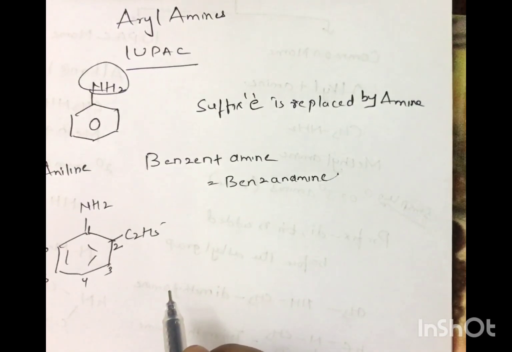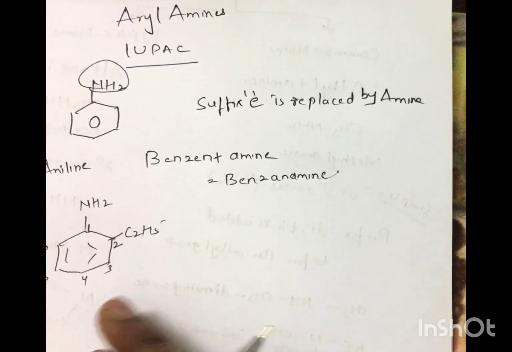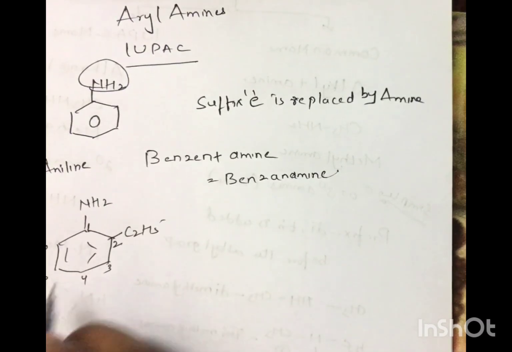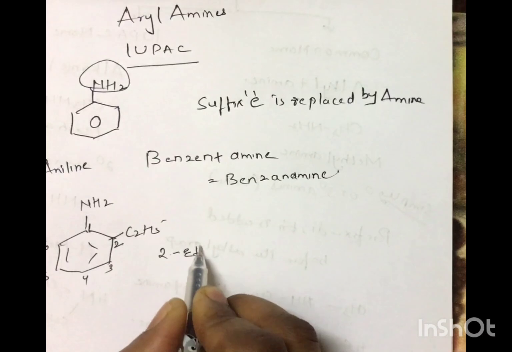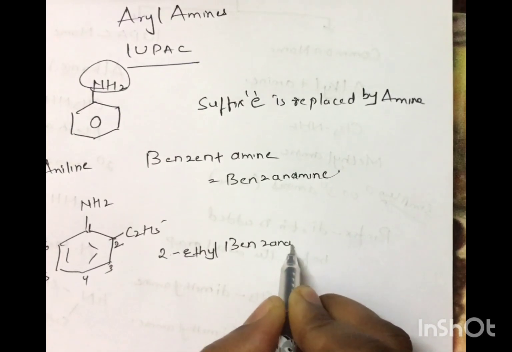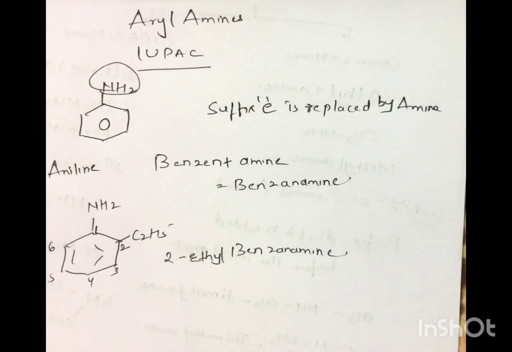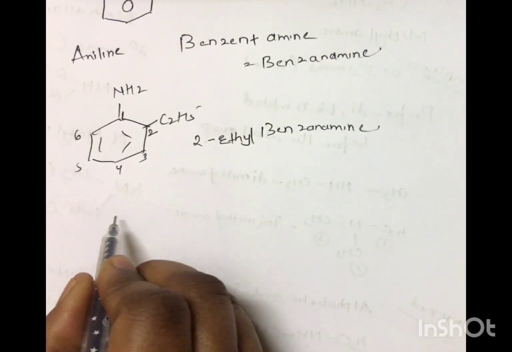Alphabetic order should be followed. The ethyl group is at the second place, so the name becomes 2-ethyl benzamine.